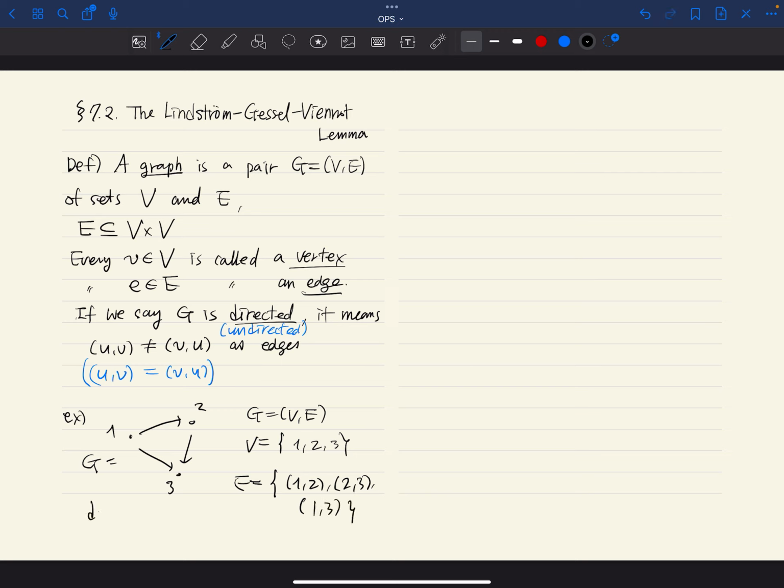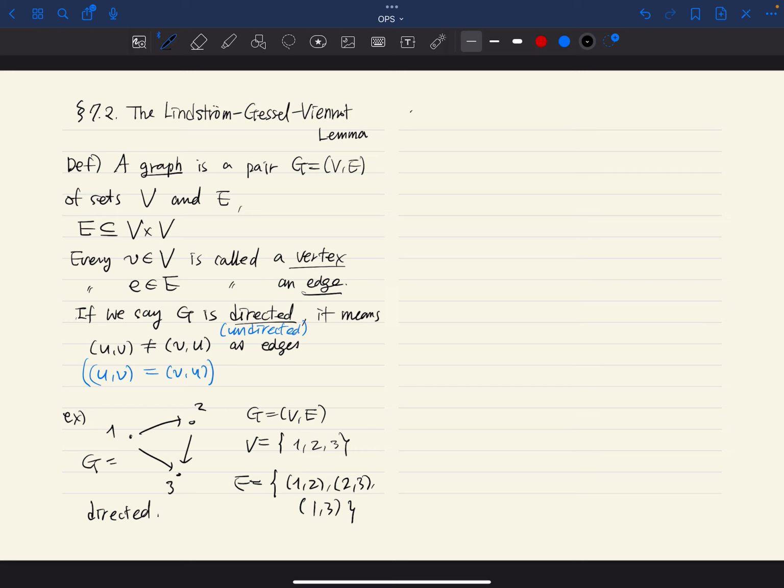In this case, it's a directed graph. When we draw a diagram for a directed graph, we use an edge with an arrow like this. But if it's an undirected graph, we just draw an edge without the arrow. So this is a directed graph with 3 edges. In this section, we will be considering directed graphs, most of the time.